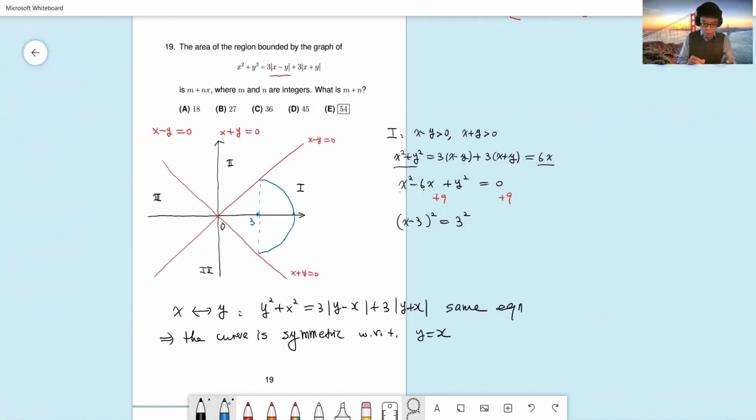So that means we can simply draw the piece here. This is also a semicircle of radius 3. We can also see that if we change x to negative x, or y to negative y, the equation does not change.